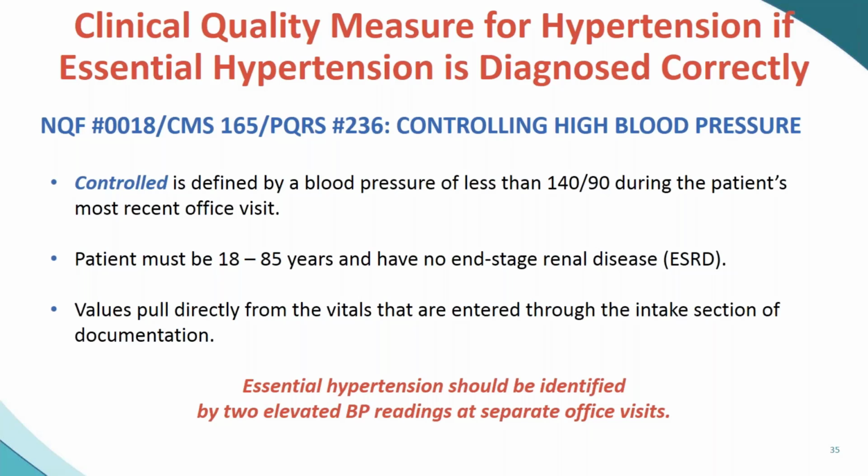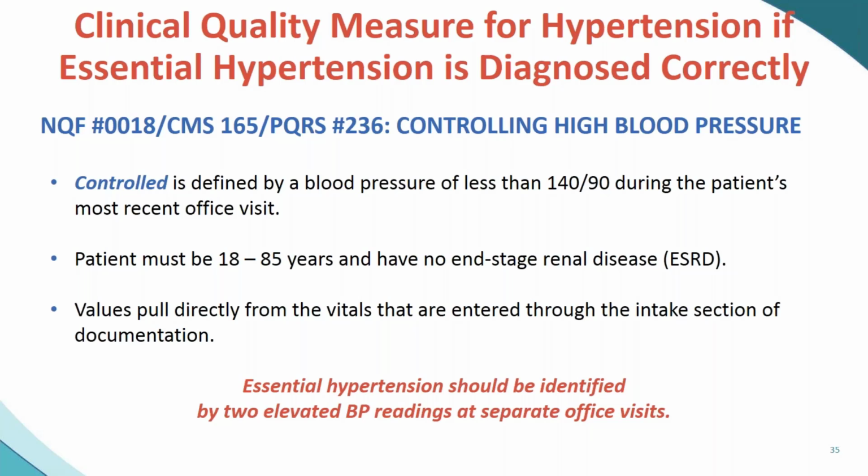You've already coded that as part of their diagnosis, and the numerator is going to be the patients who are less than 140/90. So ones that, due to medication, due to nutrition, due to exercise, whatever reason, are showing as well controlled in their last blood pressure reading. So that's what the eCQM pulls: the denominator is all your hypertensive patients, the numerator are those that are under control.